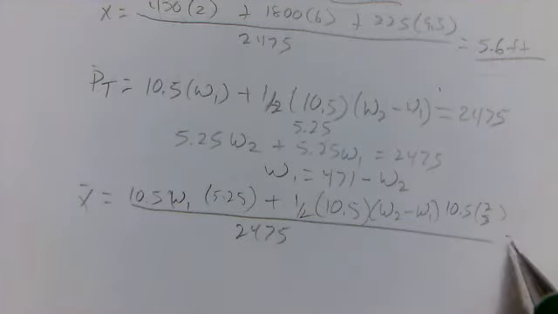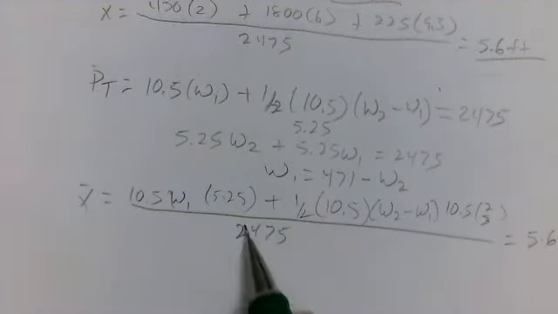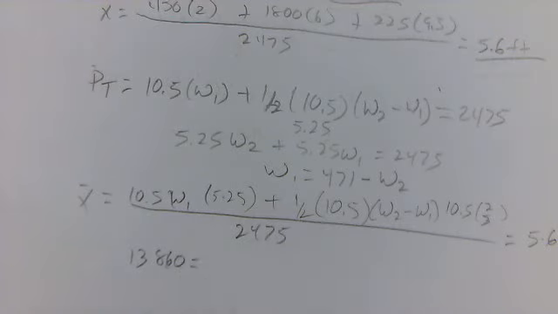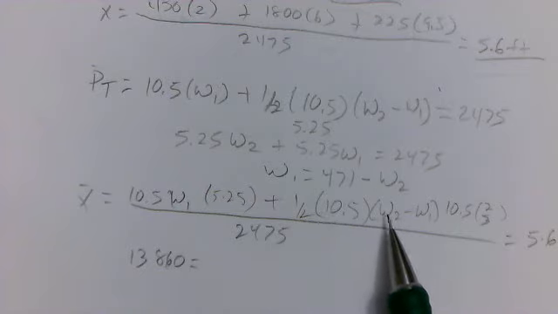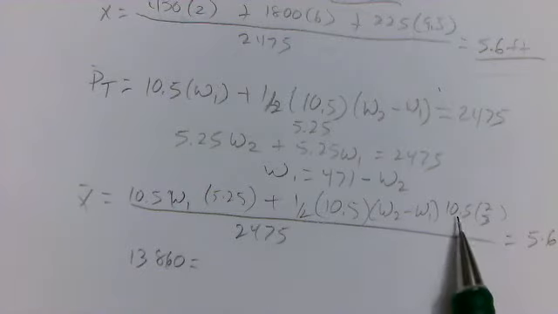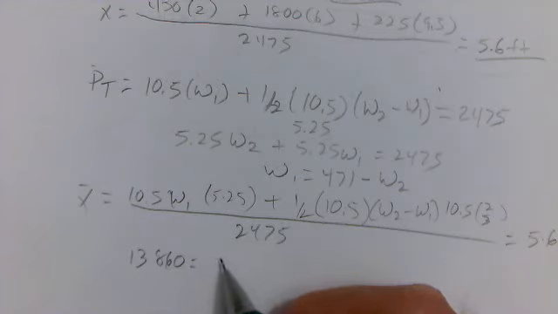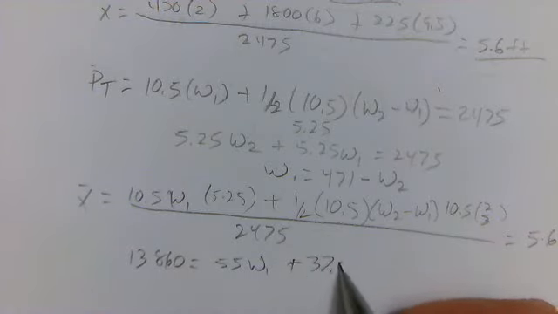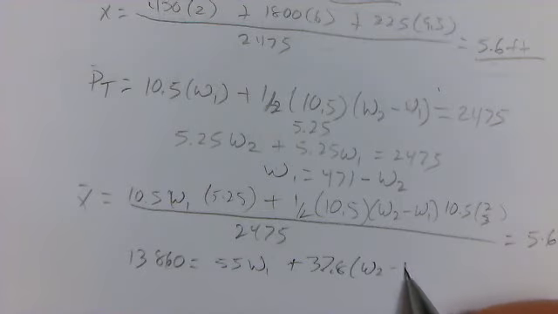This equals 5.6, so multiply the 2475 times 5.6, and we get 13,860 equals, multiplying those two out, 55 W1 plus 37.8 times W2 minus W1.